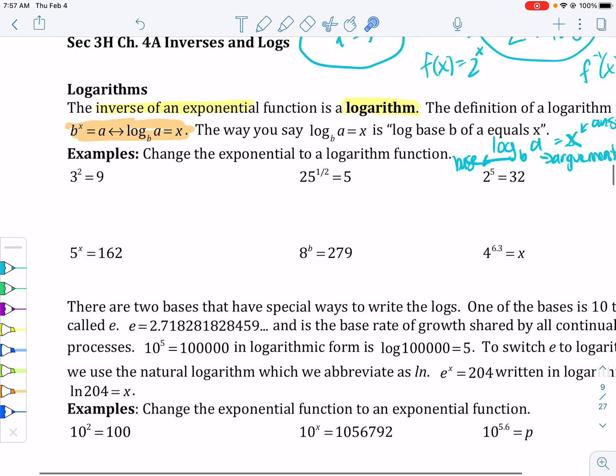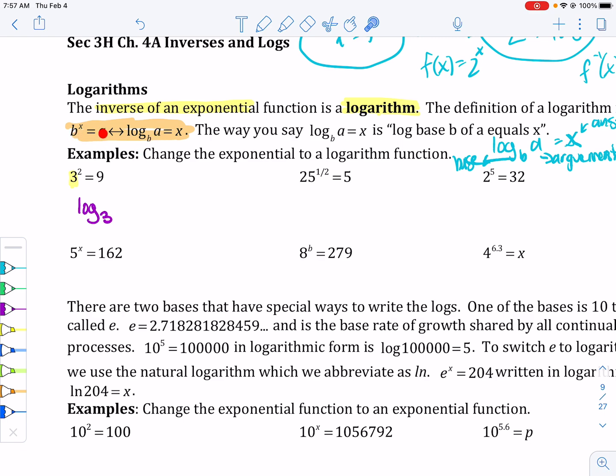Okay? So I like to start by identifying the base. On this one, 3 squared equals 9, the 3 is the base. So I start here. Then when I write my log, I do log base 3. Now I notice that the pattern is that it hops across the equals sign. So our b, and then we have a to x. So b and a are next to each other on the log.